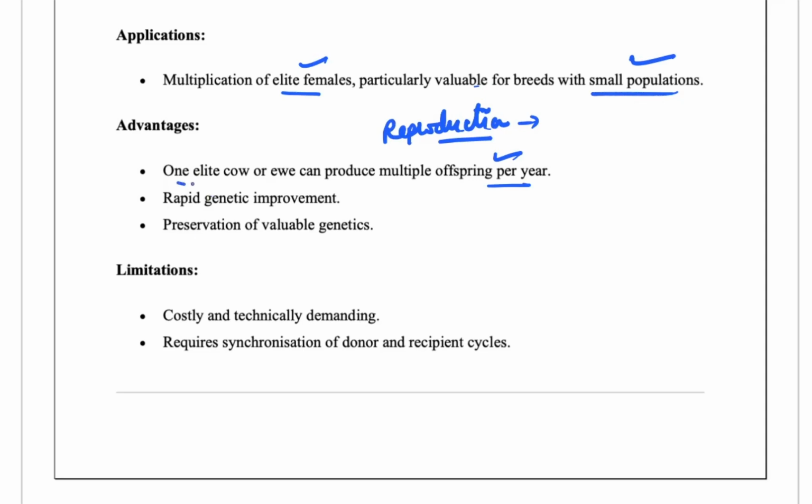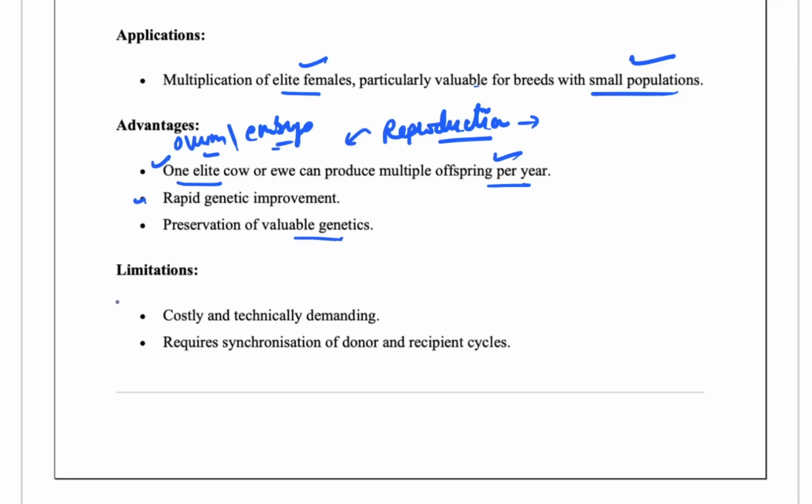So if you are not using the female for that process, you are just collecting the ovums, or in this case the embryos from the female. So you are not letting the female go through the whole process of reproduction, and in that case, this particular elite cow or ewe can produce multiple offspring per year, right? And genetic improvement is also rapid in this case, and there is preservation of the valuable genetics.